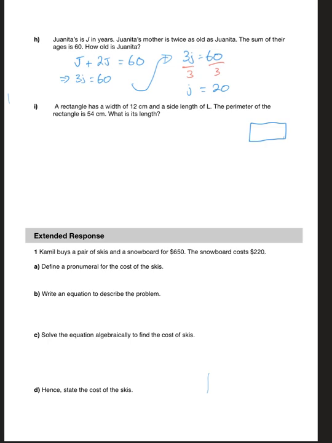So that's 12, which means that's going to be 12, because of course that side and this side are the same. Okay, so the side length is L. So L and L. Okay, and the total perimeter P is equal to 54. And I'm using P because that's usually the standard pronumeral that we use for perimeter, and it makes sense.